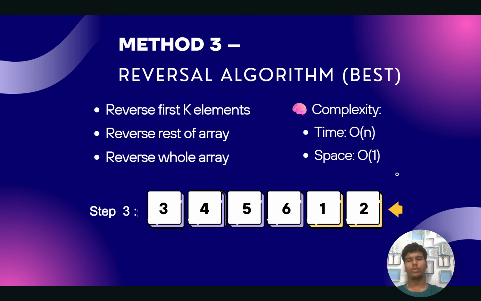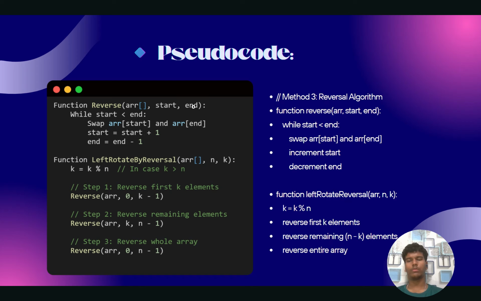Let's see the pseudocode. We have used reverse as the function name. We are swapping the first and the end. Then we are rotating by reversal.